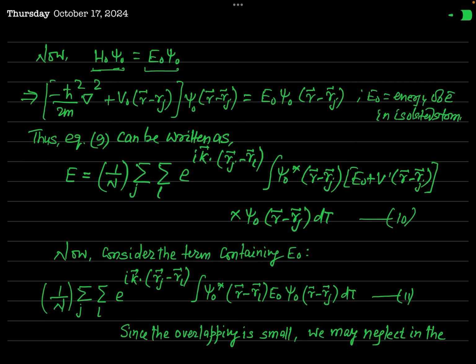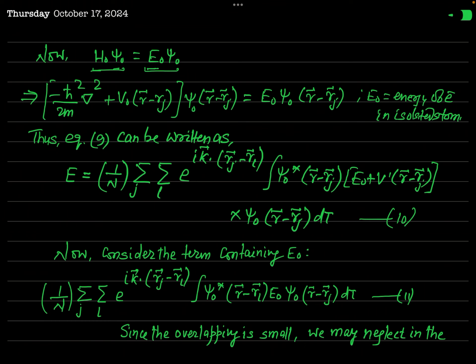Psi naught, we have seen, is the atomic eigenfunction, and E naught is the energy of our electron when the atoms are isolated. E is its energy when the electron is in the atom inside a crystal, but E naught is the energy of the electron when the atoms are isolated. So this is the difference.